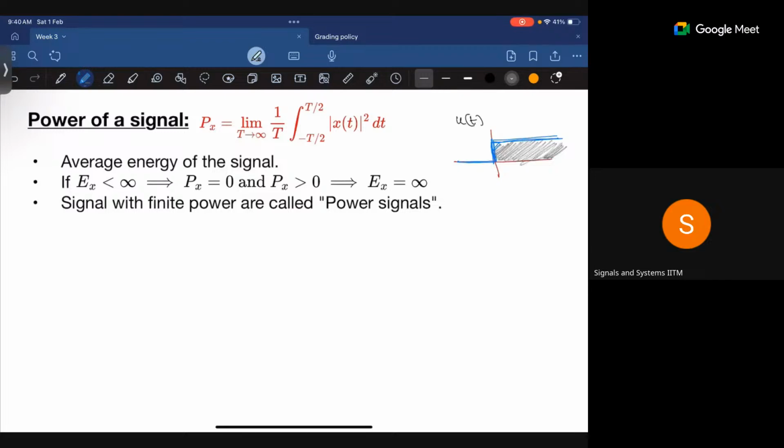So such signals may have some average energy in some time period. That is called the power of a signal.